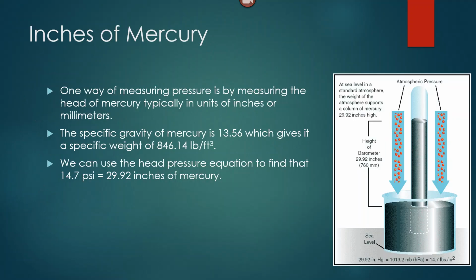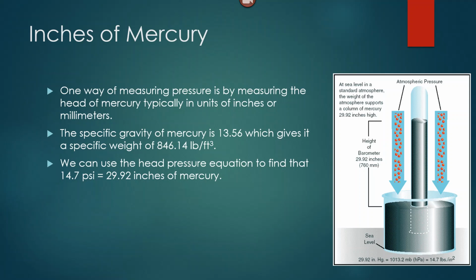But there are other units of pressure, and we've already talked about psi. We've used pounds per foot squared as well, and pounds per inch squared. We've talked a little bit about the SI unit. We're going to talk about that more in a second.